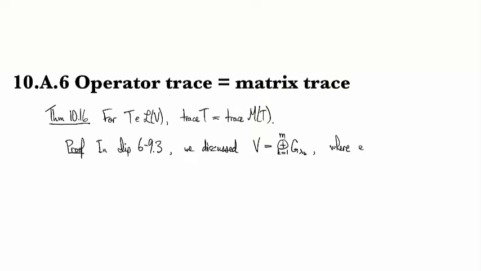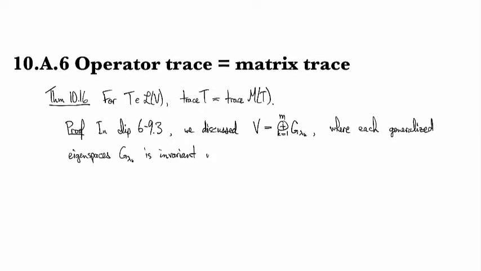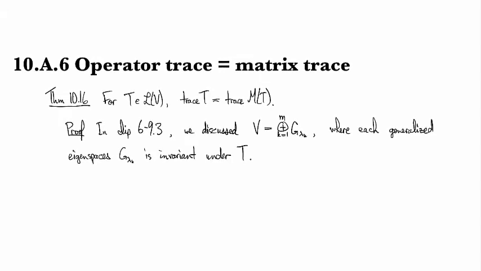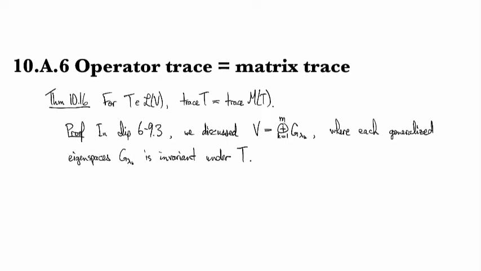And each of these generalized eigenspaces is invariant under T. So that means, in fact, that T decomposes as a sum of operators, where each one has one generalized eigenspace that it acts on, and then everything else is in its null space. And so you can break T apart as a direct sum.